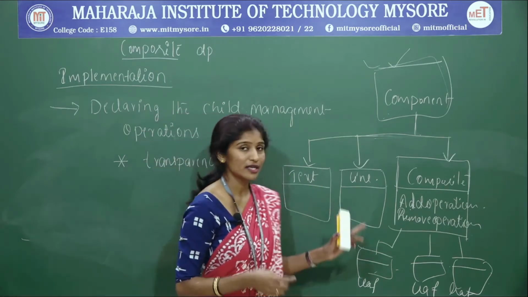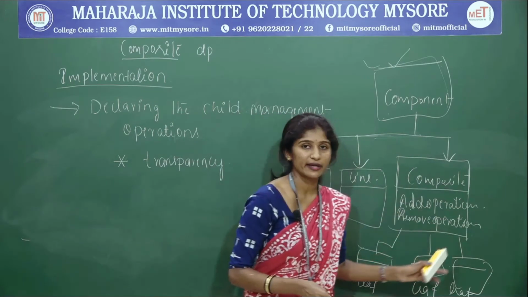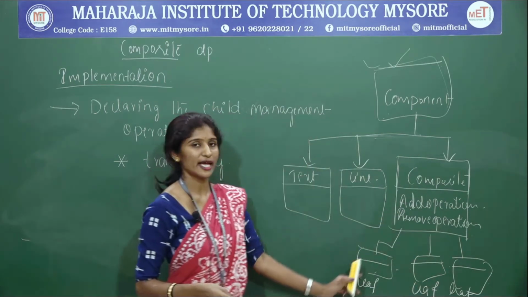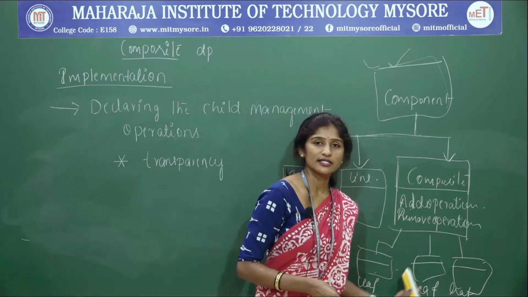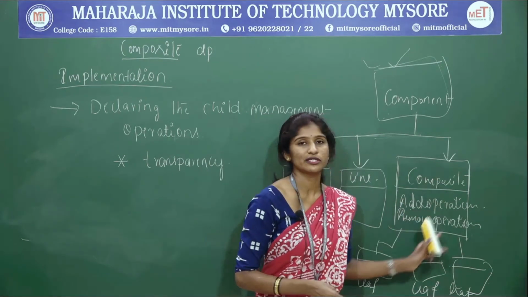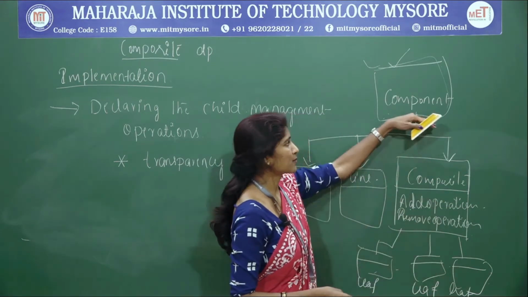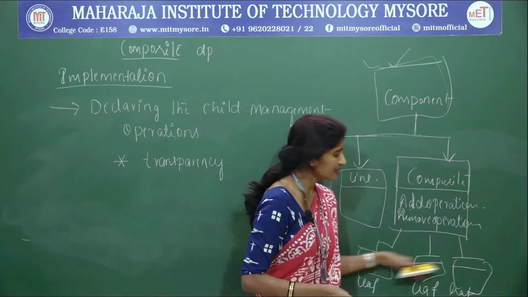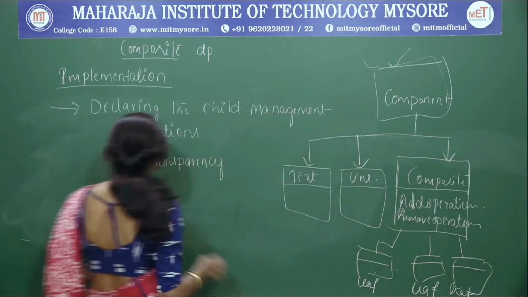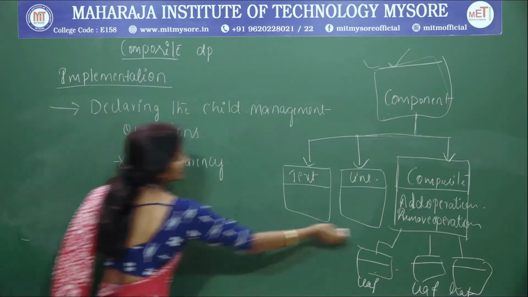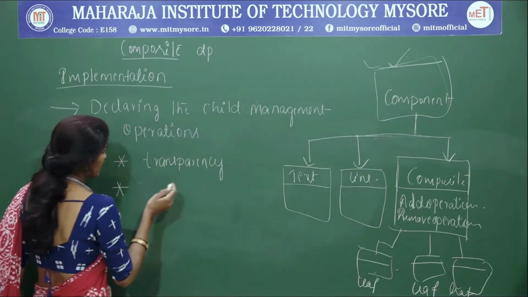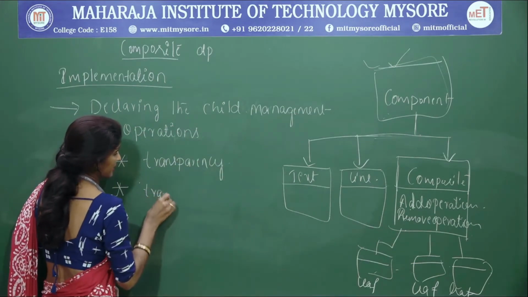When you assign the things to a composite design pattern, the user cannot see what actions are being taken on the leaf nodes by this composite design pattern. It only sees up to here, and the remaining part cannot be seen. That is why in the second case, if you assign to the composite, the transparency will not be maintained.